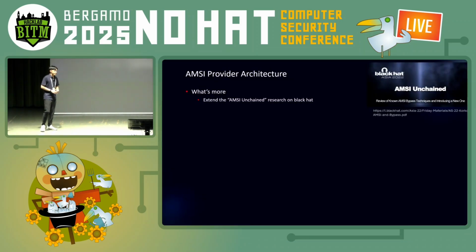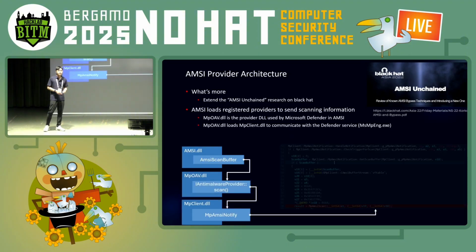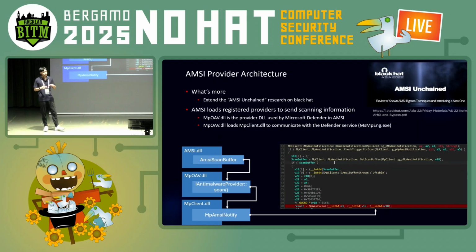Yeah, so now in addition to bypassing the event logging and AMSI, we also deep dive into the AMSI provider architecture, to extend the Black Hat Asia 2022 research, AMSI on-chain. So we just said AMSI provider will be loaded into PowerShell.